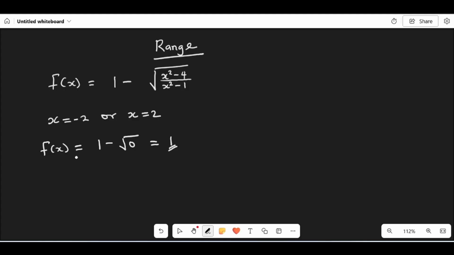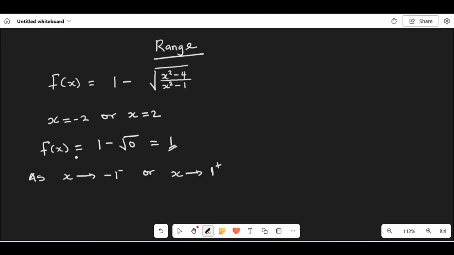Now let us check the minimum value. As x tends towards -1 from the left, or as x tends towards +1 from the right, the denominator gets very small, but the numerator is not 0. So the whole fraction gets very large and the square root goes to infinity.